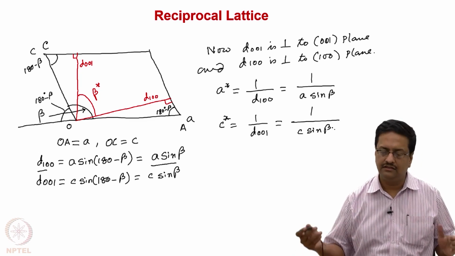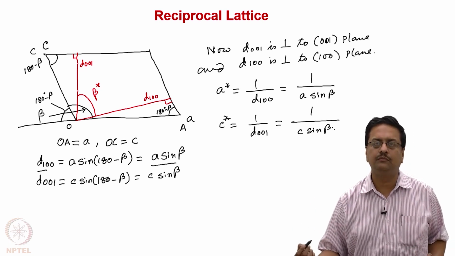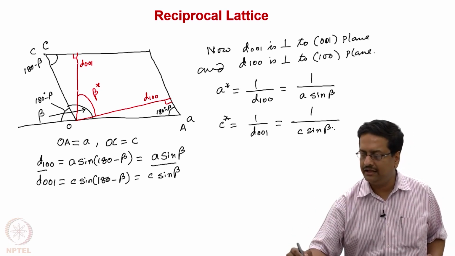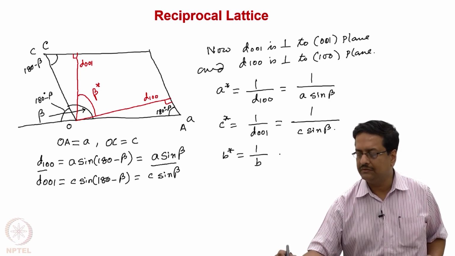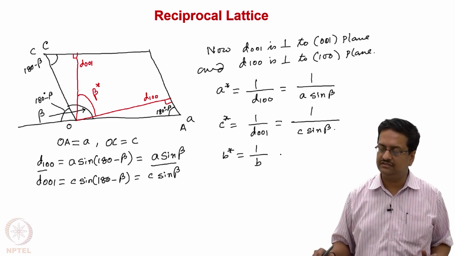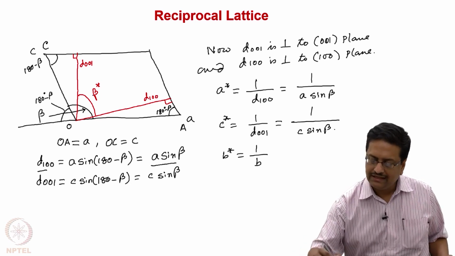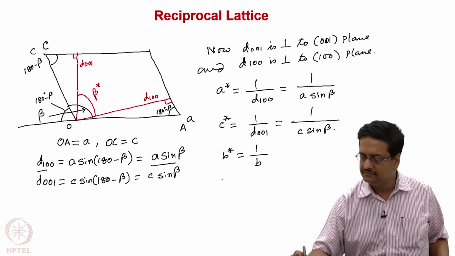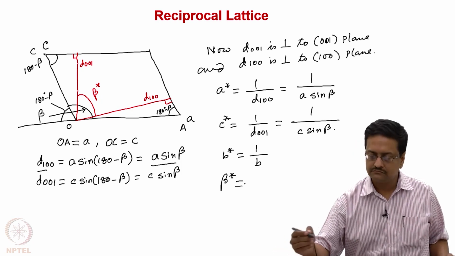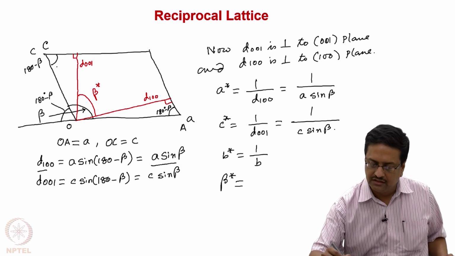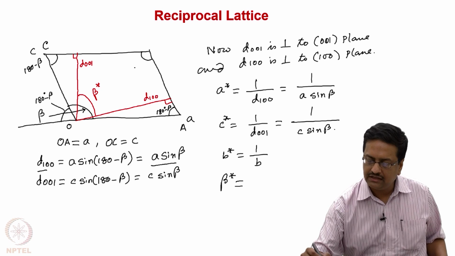And obviously, since the direction B is perpendicular to both C and A, B star is the same as 1 by B, as was seen in the orthorhombic system. So the angle beta star is equal to, let us see that. This is 180 minus beta. This angle is then beta.